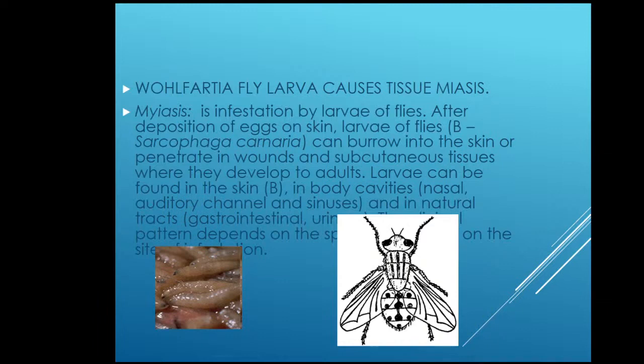After deposition of eggs on a host's skin, the larvae of some flies hatch out. They burrow into skin or penetrate into wounds and develop to adults. So this damage of skin caused by larvae of flies we call myiasis.